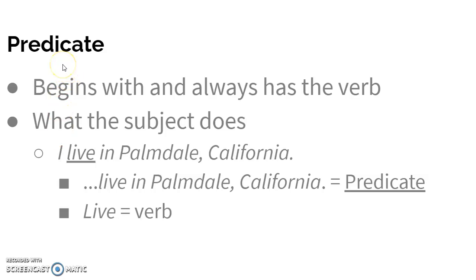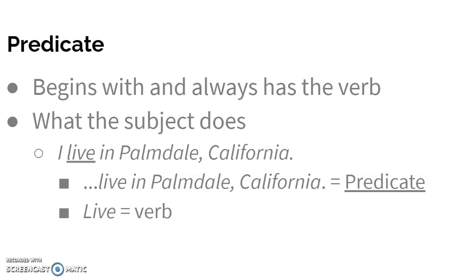Okay, a predicate. The subject is who or whom you are talking about. The predicate is basically where the verb begins, and everything that comes after it. It tells you what the subject does.